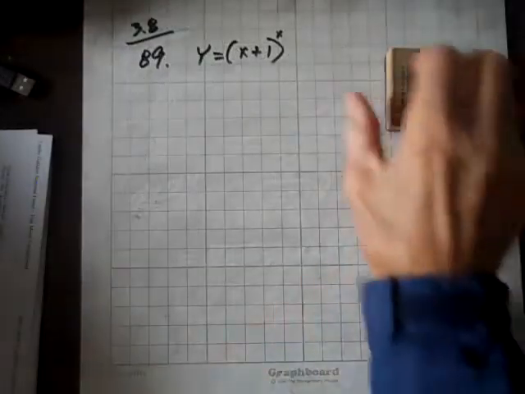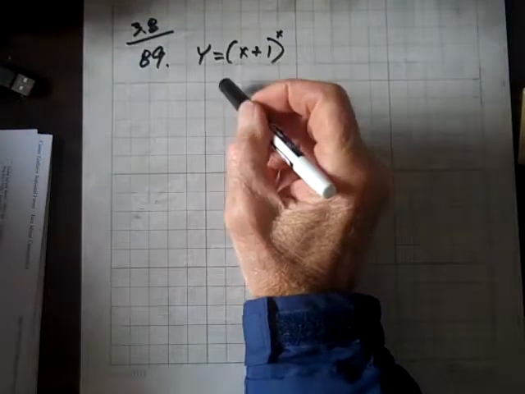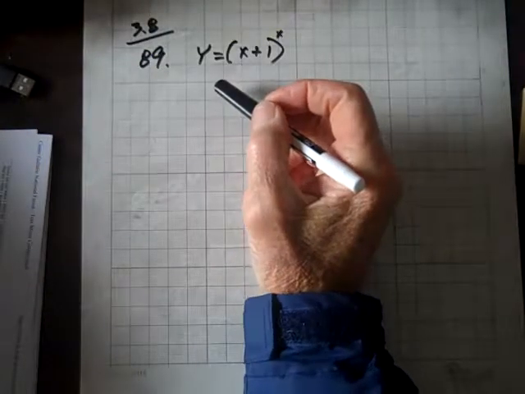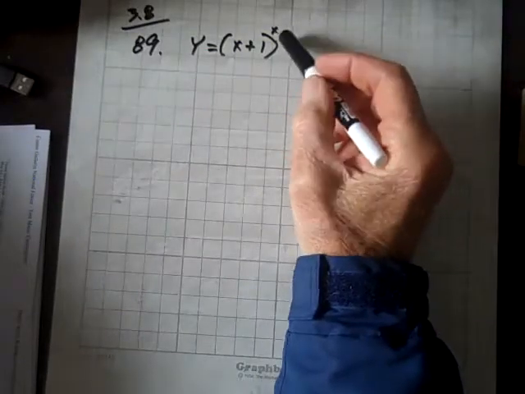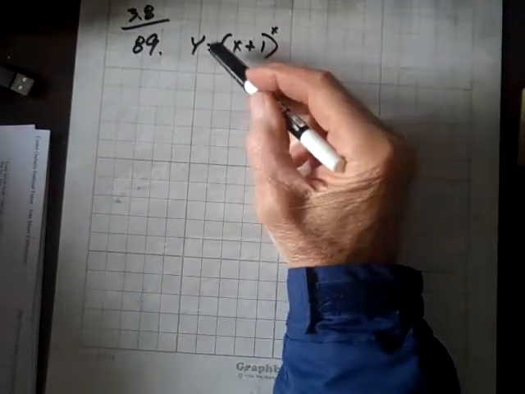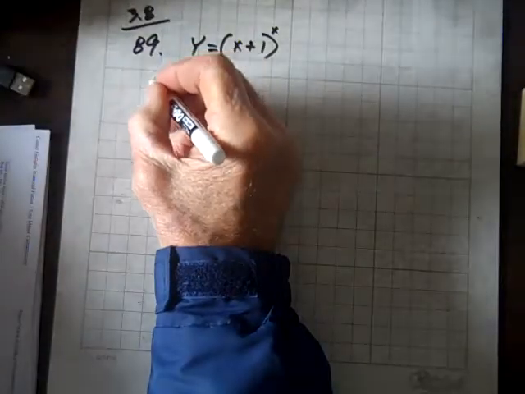Okay, now we're doing question 89, and we've got to find dy dx, and we need to employ some means of getting that exponent down into coefficient position. Well, the way we can do that is using the law of logs.